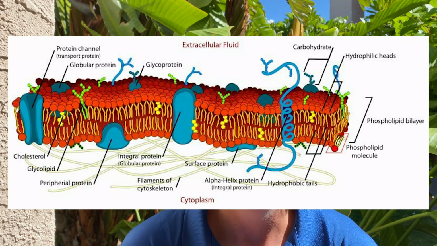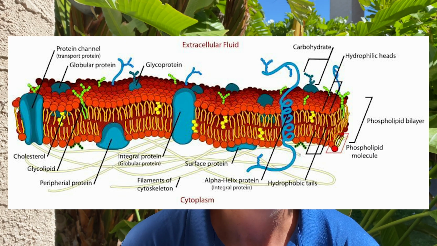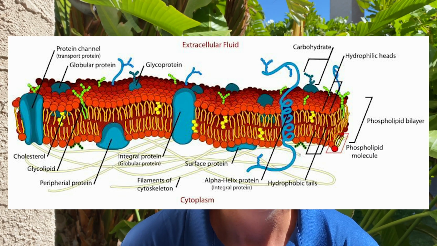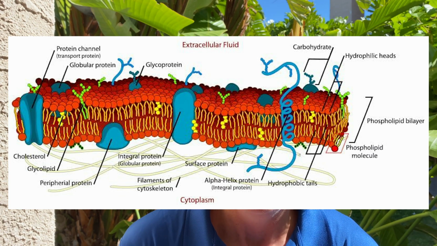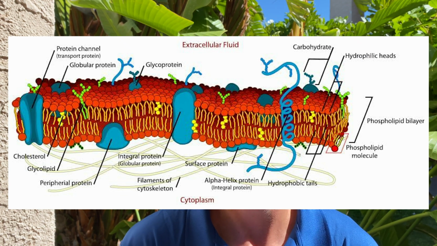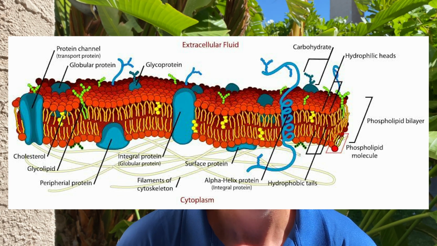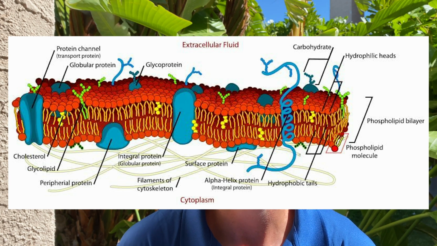So what we're going to see here is that the plasma membrane is made up of primarily amphipathic phospholipids that form a bilayer, and we've already talked about that. There are also peripheral proteins as well as carbohydrates that are involved in communication with other cells, as well as important transmembrane integral proteins.